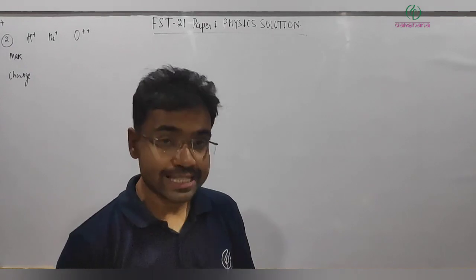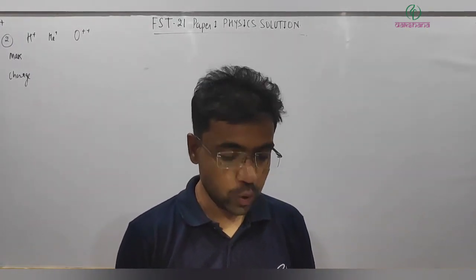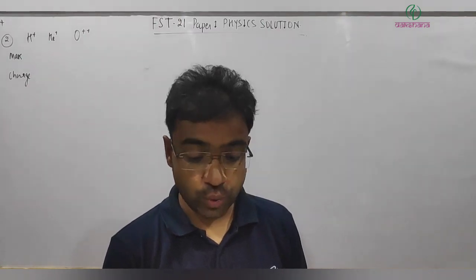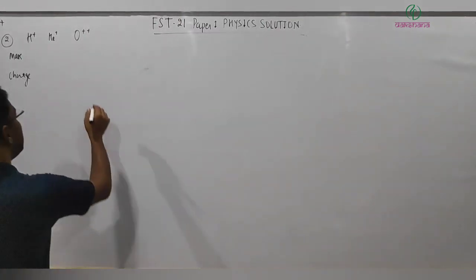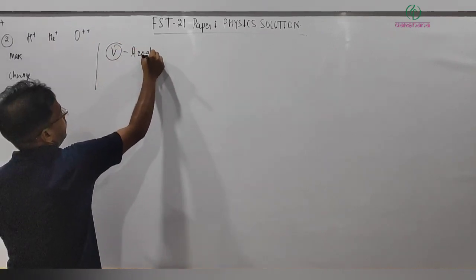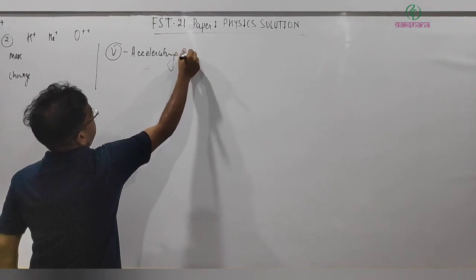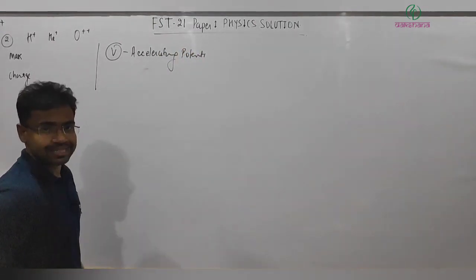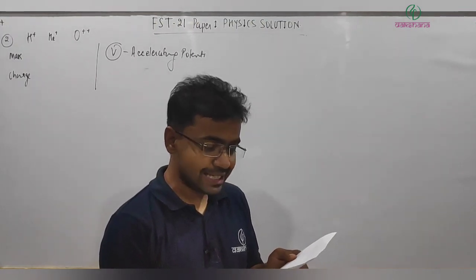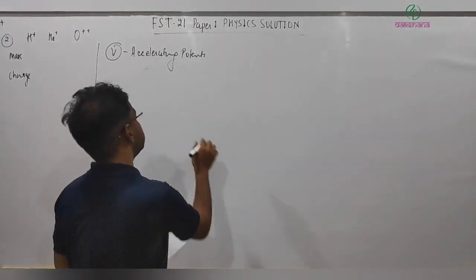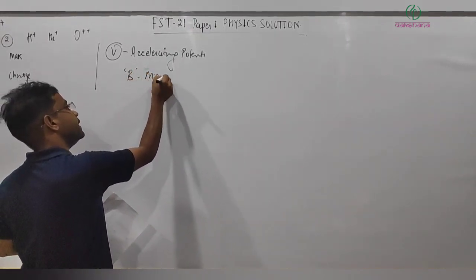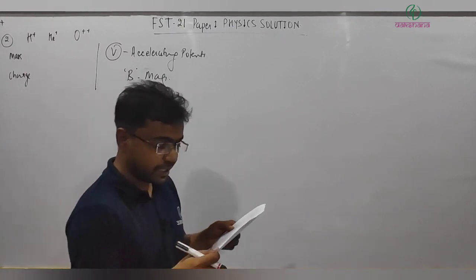H plus, He plus and O plus plus, all starting from rest, are accelerated through an equal electric potential, the accelerating potential, and pass through a region in which there is a uniform magnetic field, let's say B, perpendicular to their velocity.